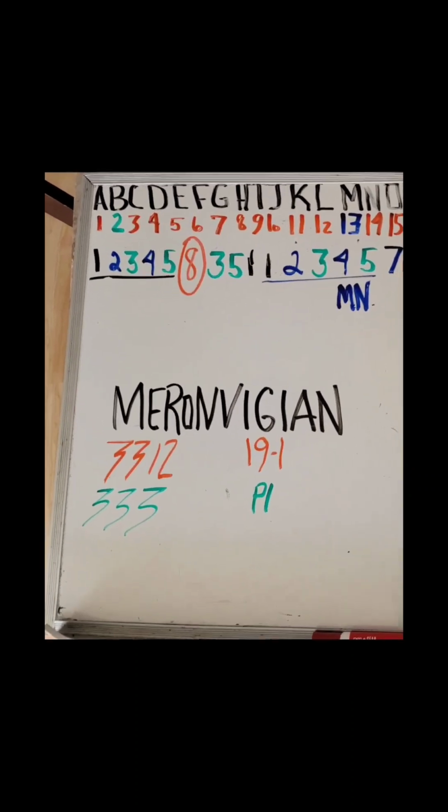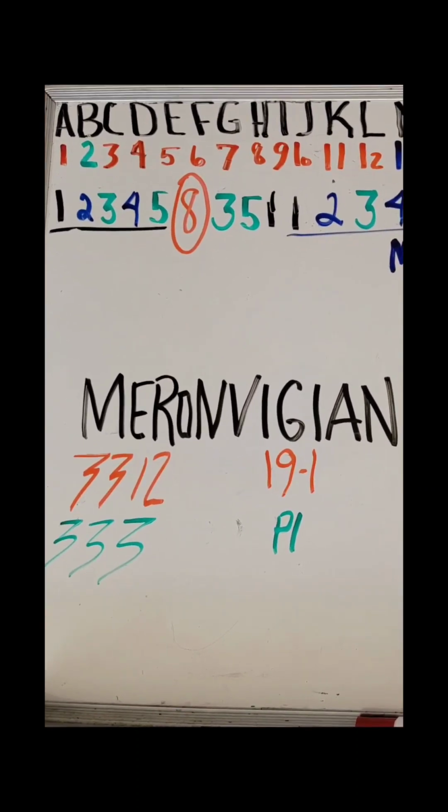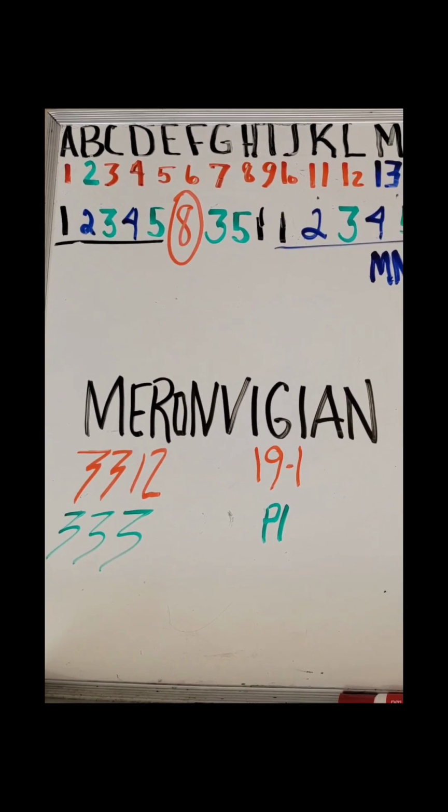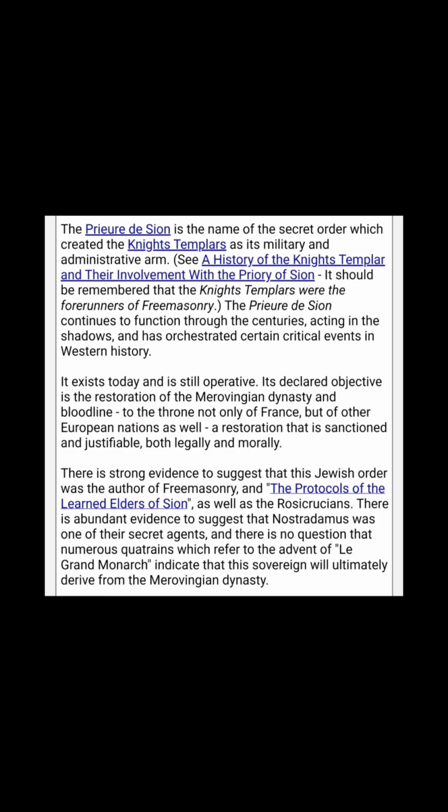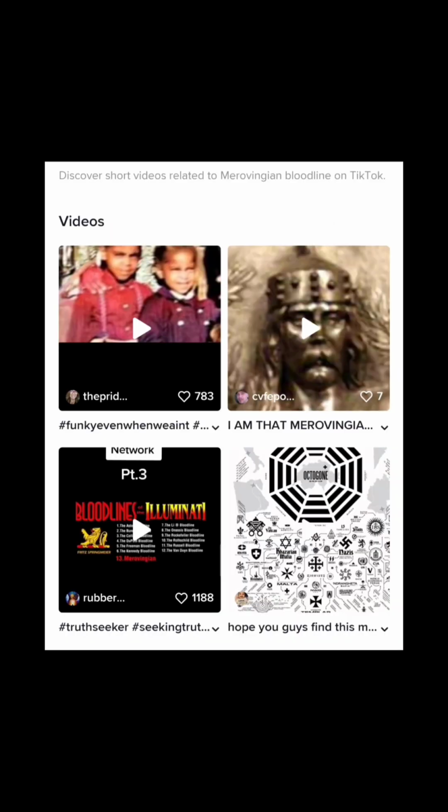The other thing that I want to show to you is this name Merovingian that we've been talking about, the 13th Merovingian bloodline, extending back to the Prieuré de Sion, the secret order which created the Knights Templar, Freemasonry, all kinds of stuff, and goes back to what they call Le Grand Monarque, indicating that this sovereign will ultimately derive from a Merovingian bloodline.